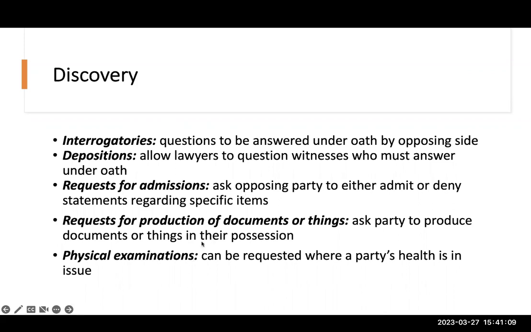Physical examinations are most often seen in personal injury accidents. A defense lawyer is generally allowed to require a plaintiff in a personal injury action to appear and be examined by a physician hired by the defense, a defense medical examination.